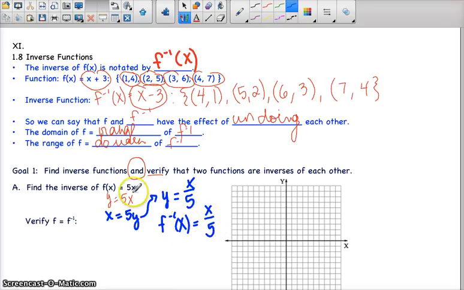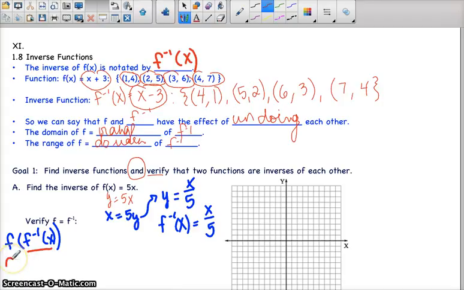Once we find the inverse, how do we verify that f and f inverse are inverses of each other? To verify that, we will find f of f inverse of x. What does that mean? Remember, f inverse of x becomes our input.